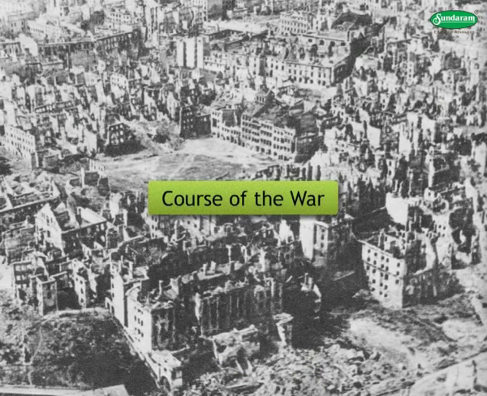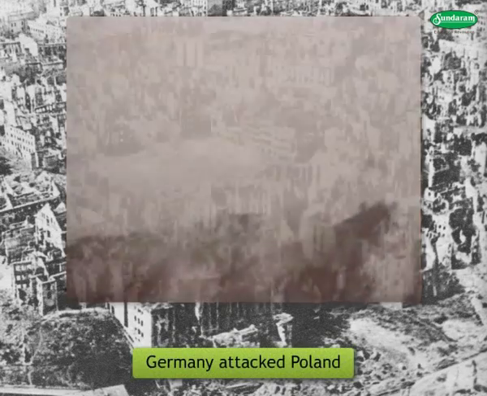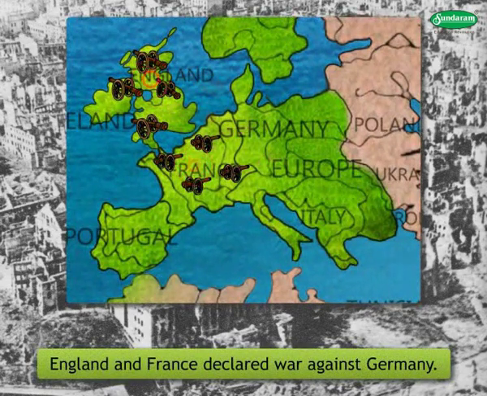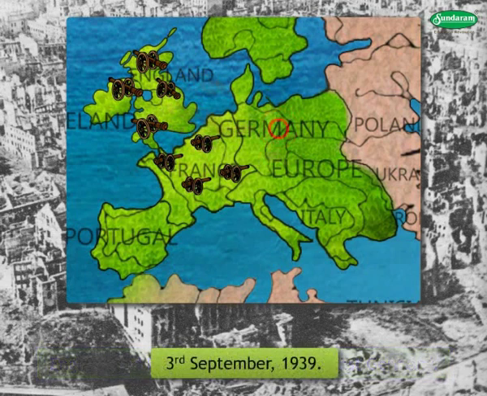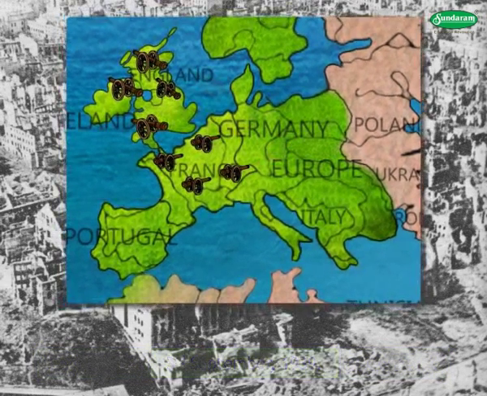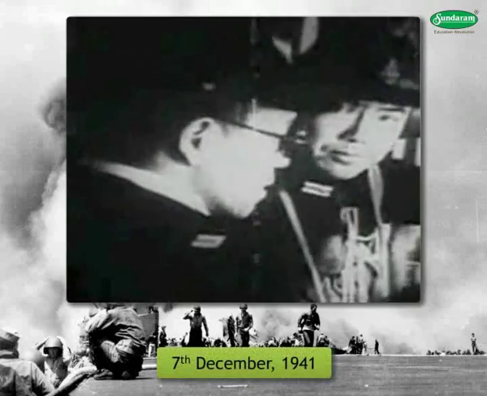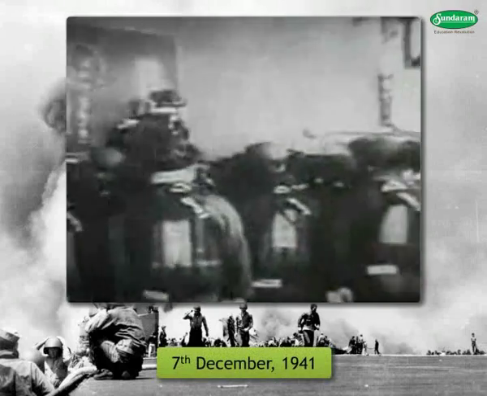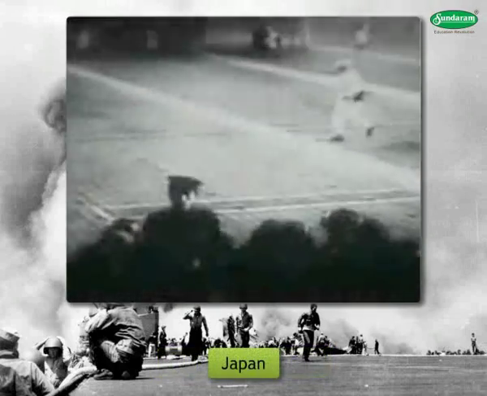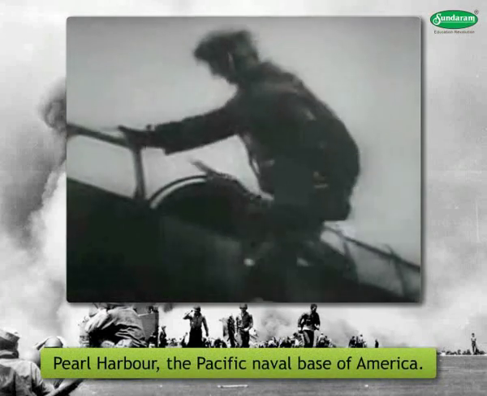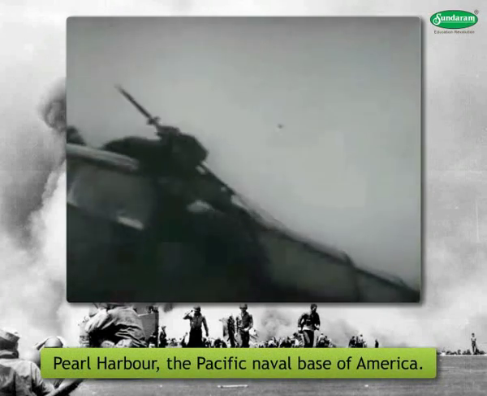Course of the war. Immediately after Germany attacked Poland, England and France declared war against Germany on the 3rd of September 1939. This marked the beginning of the war in Europe. About 2 years later, on the 7th of December 1941, Japan launched an air attack on Pearl Harbor, the Pacific naval base of America.